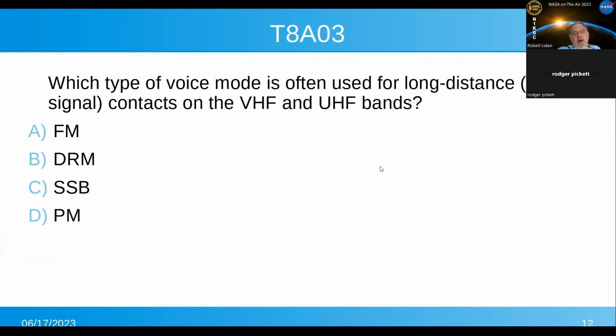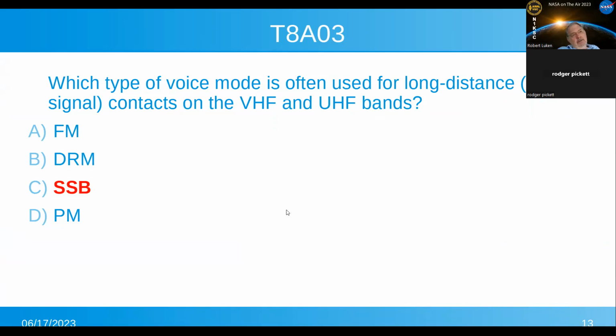Okay, which type of voice mode is often used for long distance or weak signal contacts on the VHF and UHF bands? D. FM has about a 12 kilohertz, 15 kilohertz bandwidth.